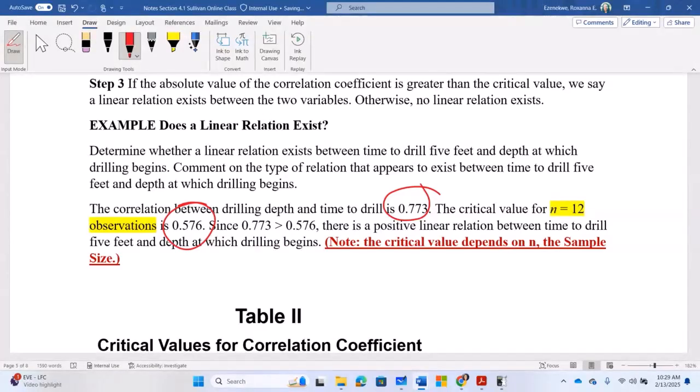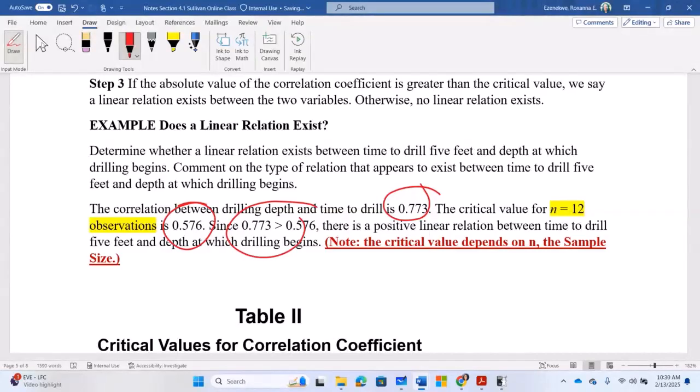Since 0.773 is greater than 0.576, there is a positive linear relation between time and drill. That's it. So the critical value depends on n.